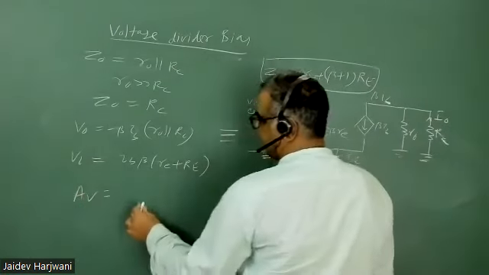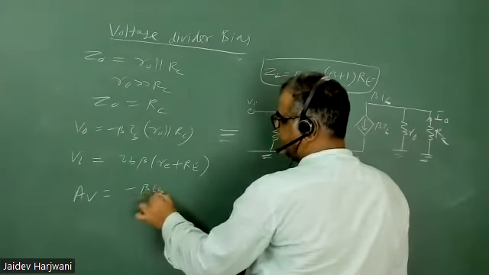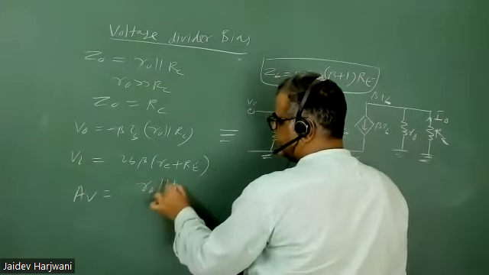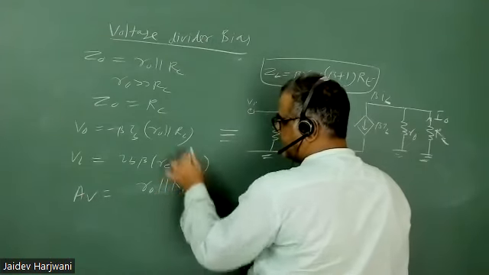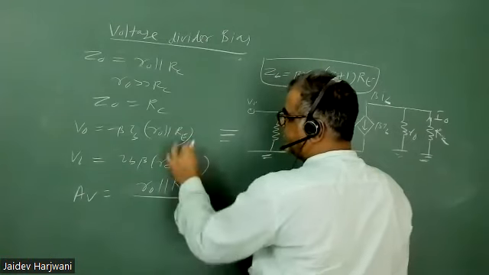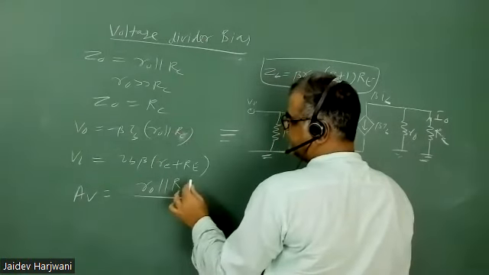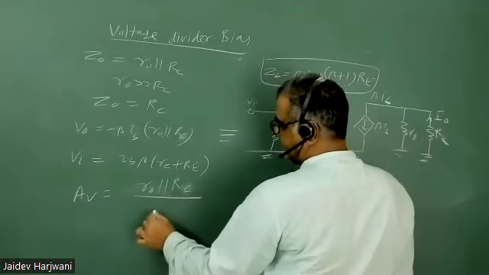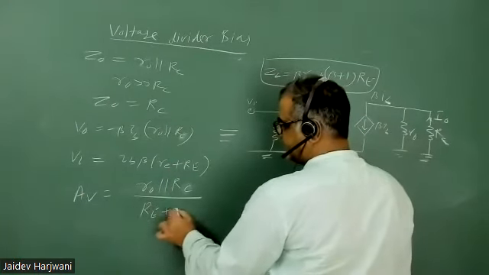So AV will be minus beta IB, so this will cancel beta IB. So I'm directly writing this will be R0 parallel RC, and this will be your beta RE plus re.